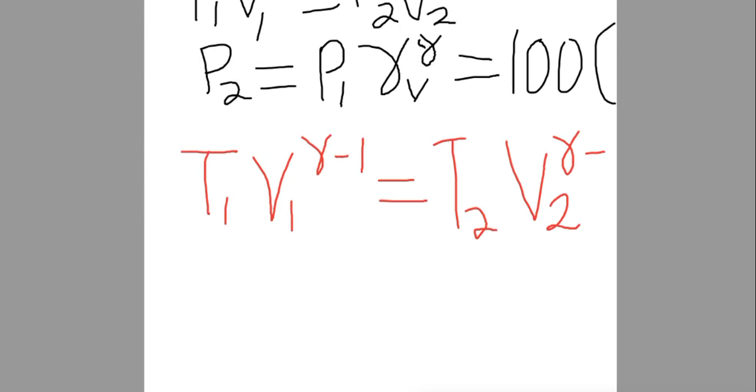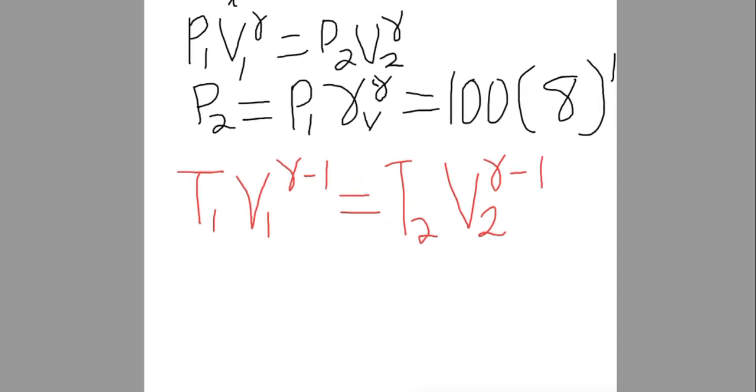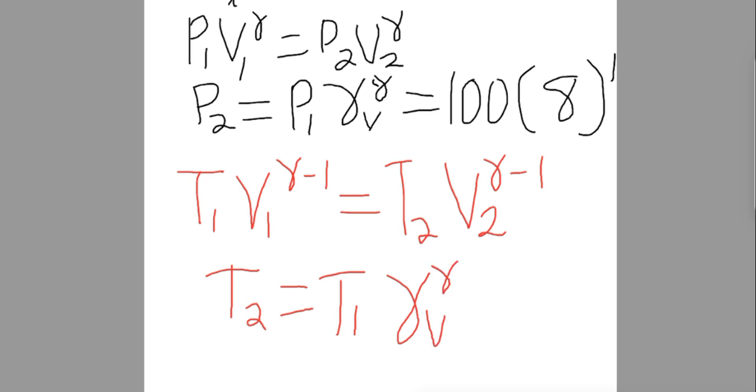We divide both sides by V2, making T2 the subject of the formula, which would be equal to T1 times V1 over V2 raised to power gamma minus 1. V1 over V2 is known as the compression ratio.